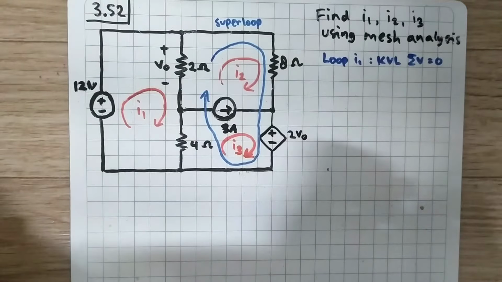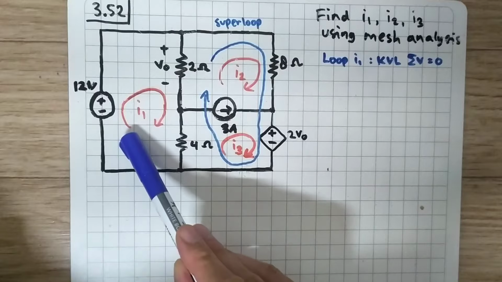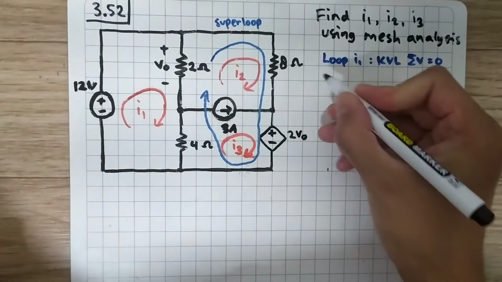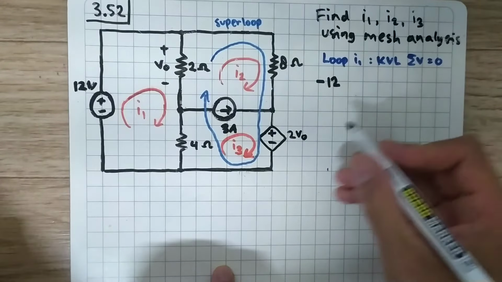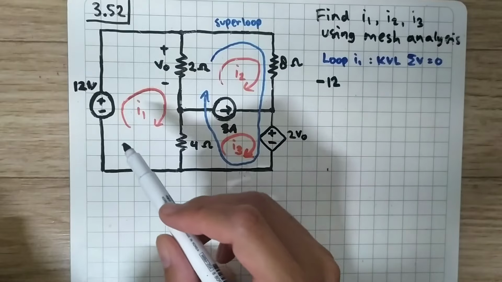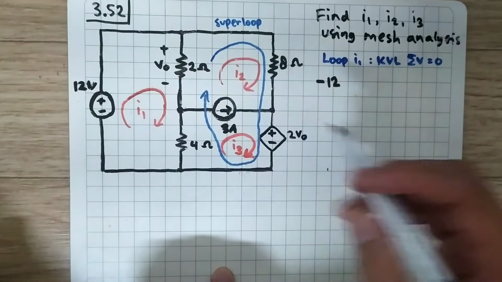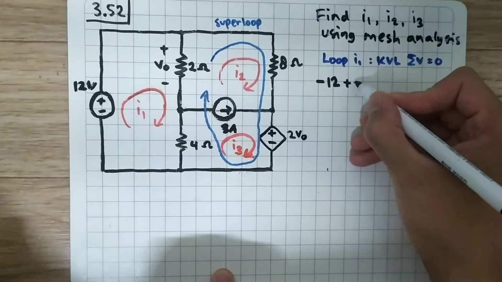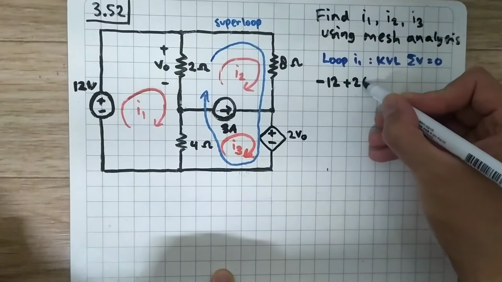We will start from this voltage source, and the current is flowing from negative to positive, so the sign will be negative. And the value is 12, so I will have minus 12. And we move on to this resistance, it's 2 ohm, so we add 2 here, and we focus on I1.